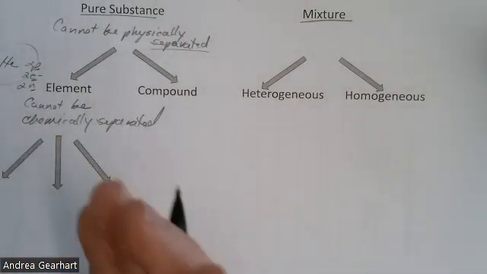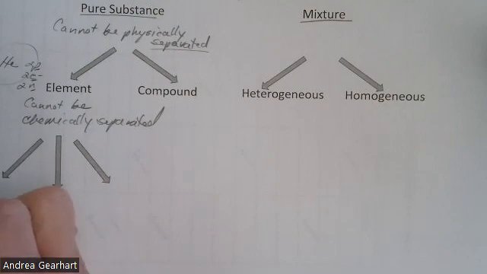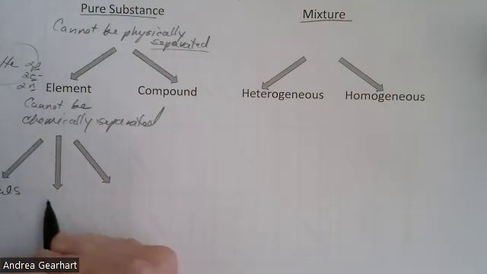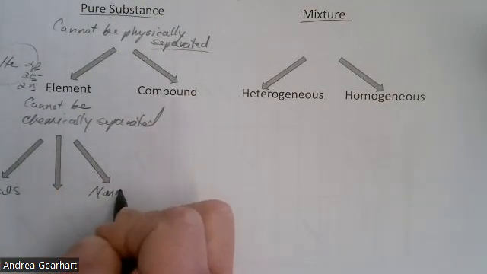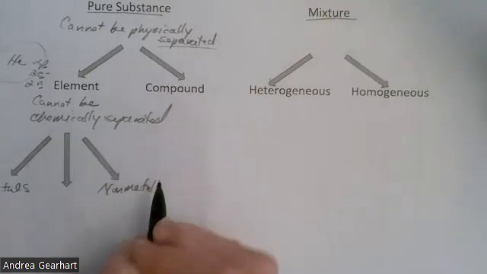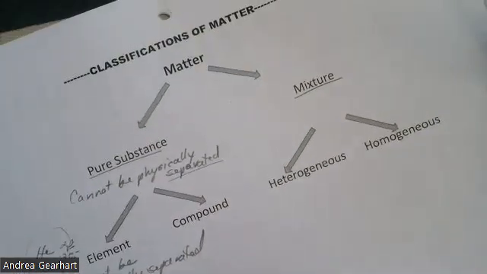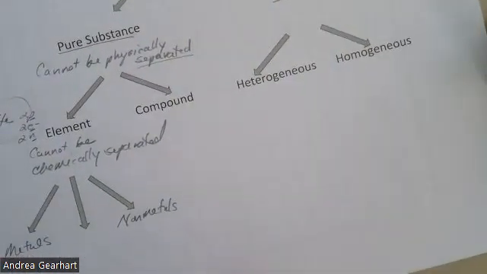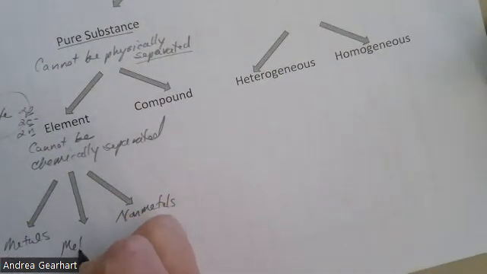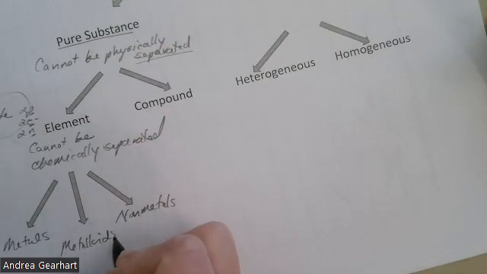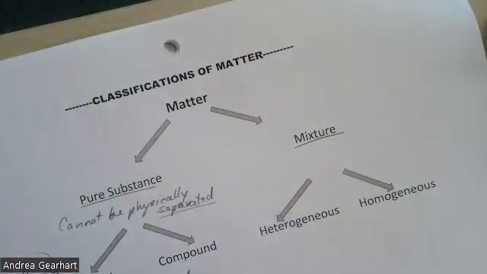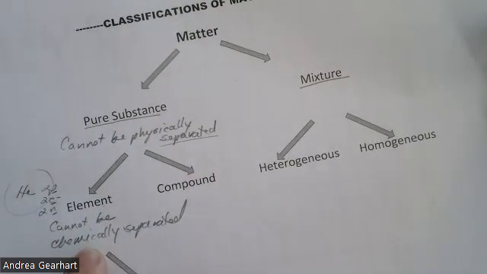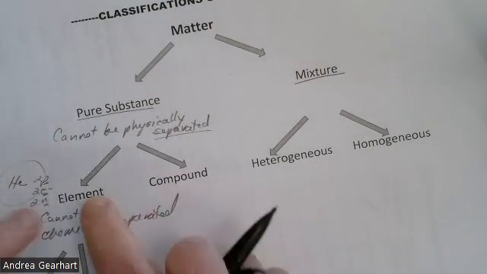There are 3 categories of elements: metals, non-metals, and metalloids. I will do a separate video on that. If we cannot physically or chemically separate a substance, then it's an element.